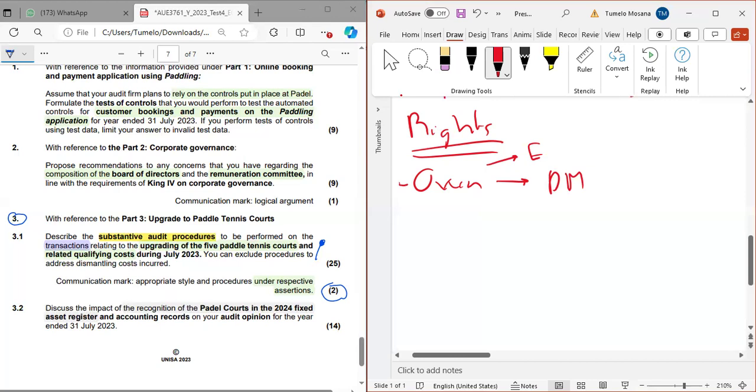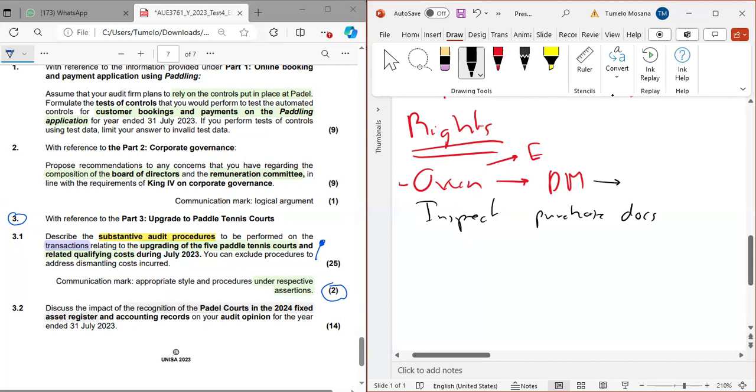Now, after you have checked whether you own these rights through the directors' minutes, you can also inspect the purchase document, right? Let's say you have purchased inventory.